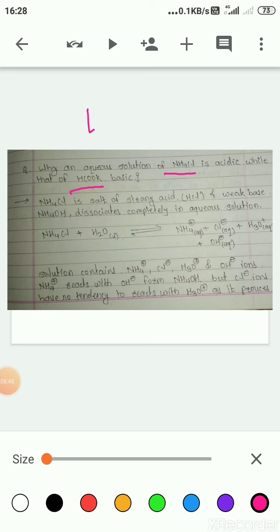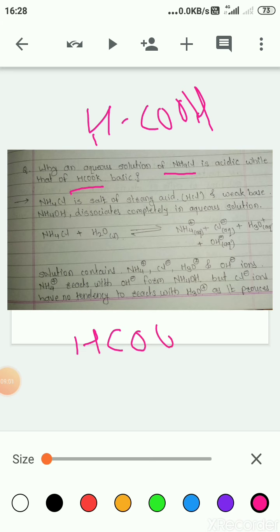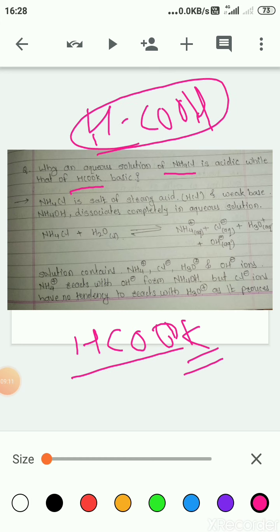The acid HCOOH is named formic acid, and the salt derived from formic acid is potassium formate.